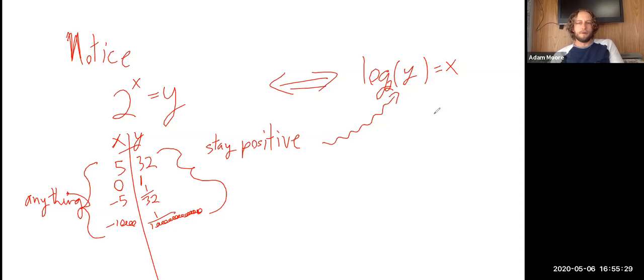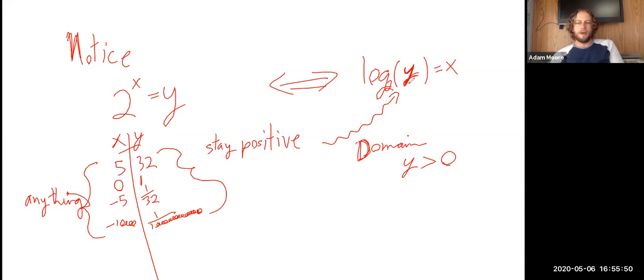That's what I'm noticing about logarithms: the y number here is actually the input number now. So if we talk domain, the domain of this logarithm is that y has to be bigger than 0.